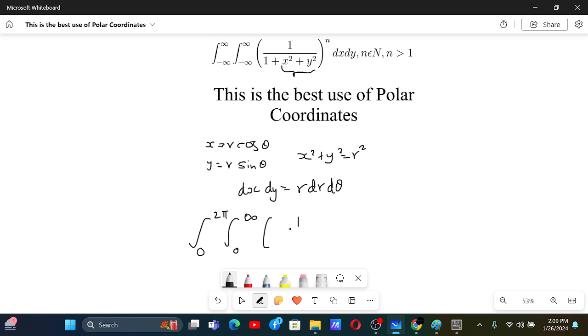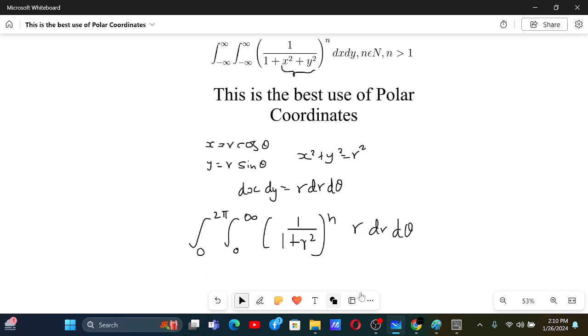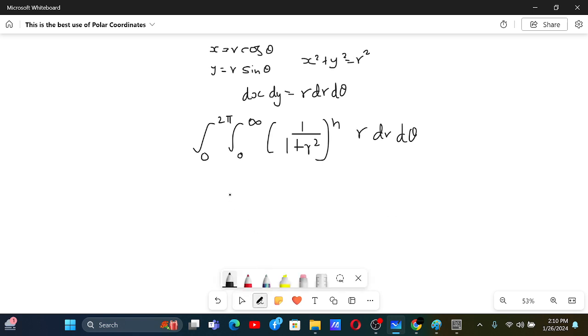And we have 1 by 1 plus, this is just r square, to the power n, and then r dr d theta, yeah.